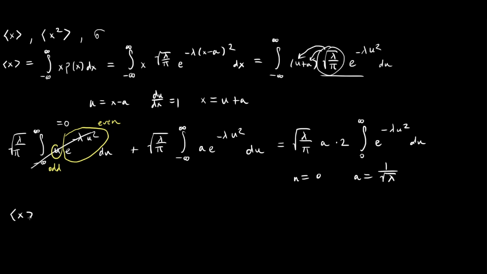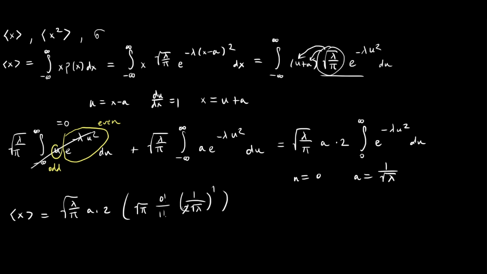So the expectation value of x will be the square root of lambda over pi, a times 2, times square root of pi, 0 factorial, 1 factorial, of 1 over 2 square root of lambda, to the power of 1.